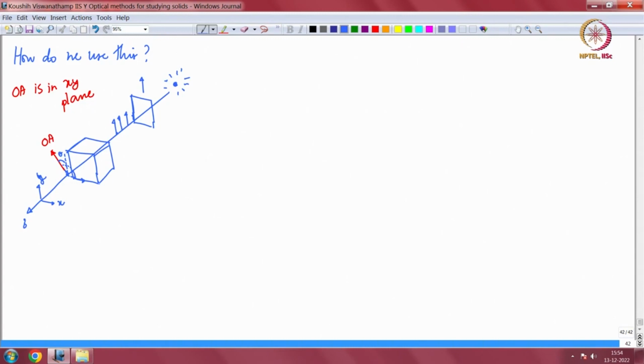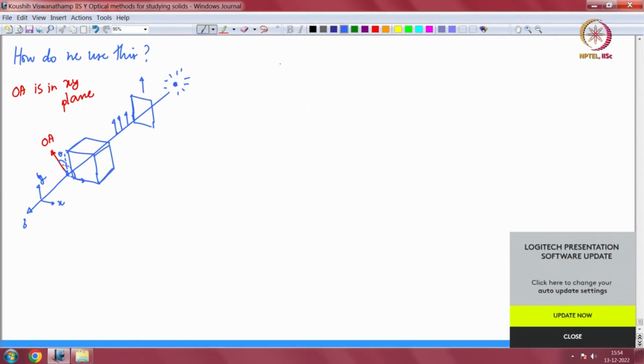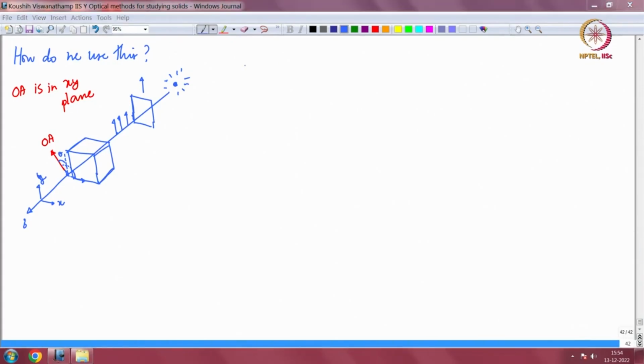Okay. Now what will happen is our incoming wave has Ey, let us say that is E0 cos omega t, that is our incoming wave. It is only polarized along the y direction, and Ex is 0 of course.